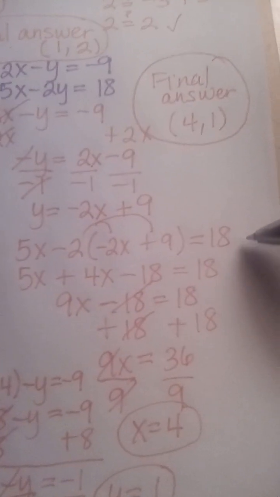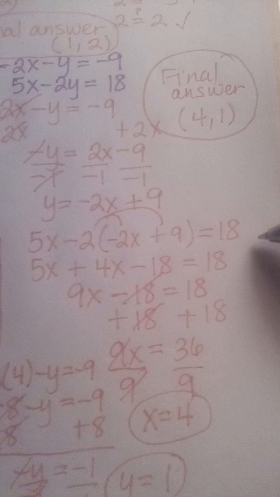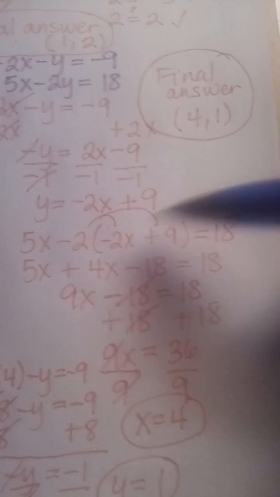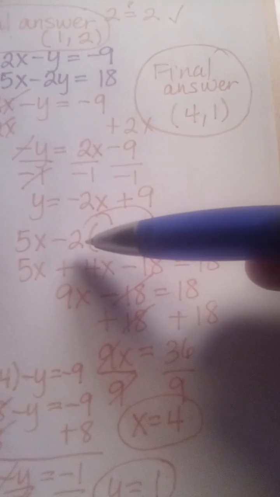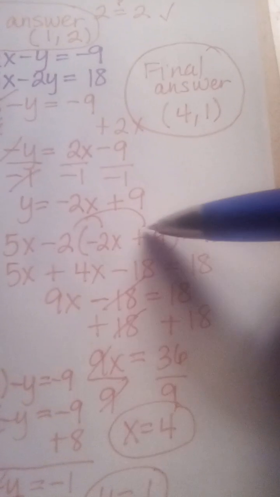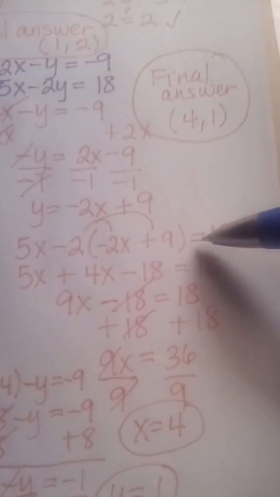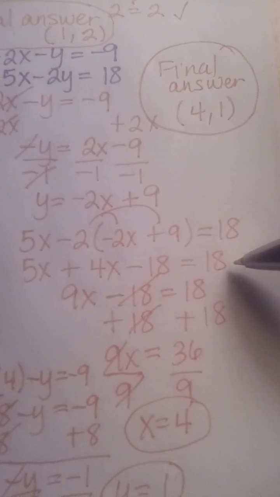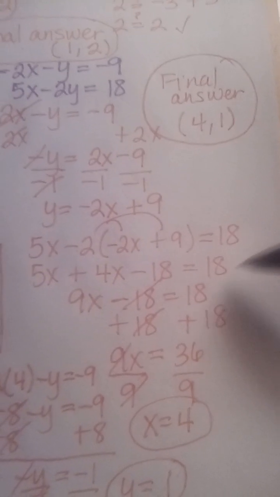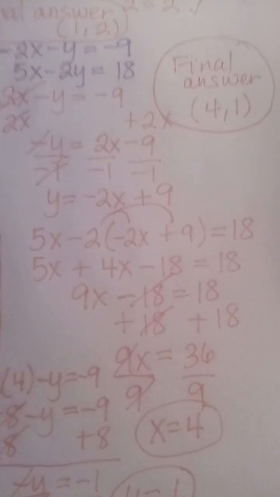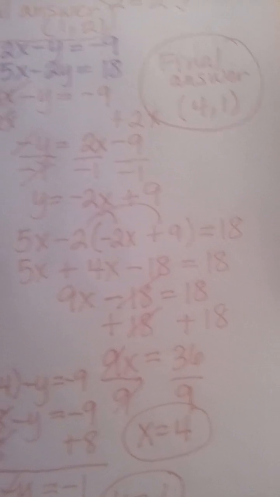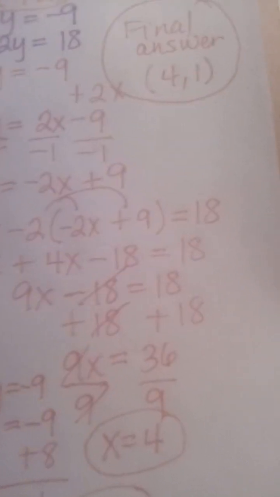Once that has been put in place, then you can distribute what's on the outside. You multiply what's inside the parentheses to clear it out completely. Then what's left is 5x plus 4x minus 18 equals 18. Any questions on this part?